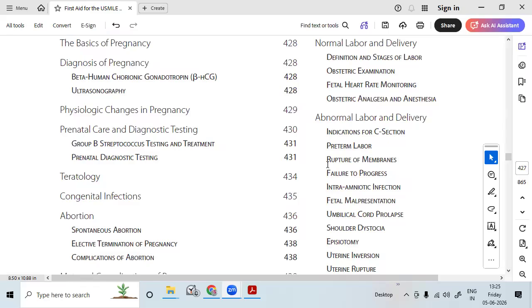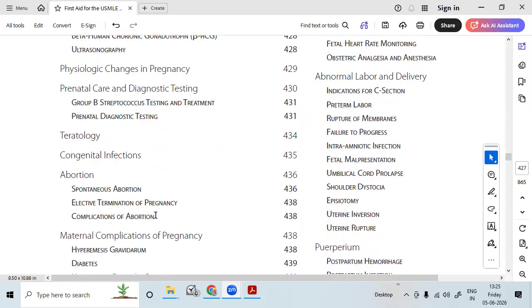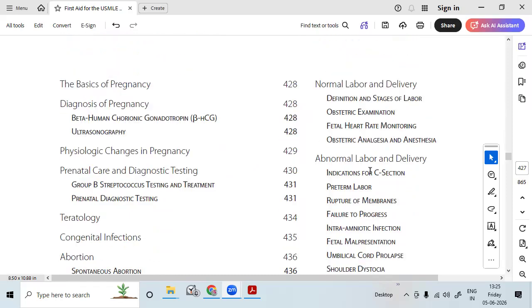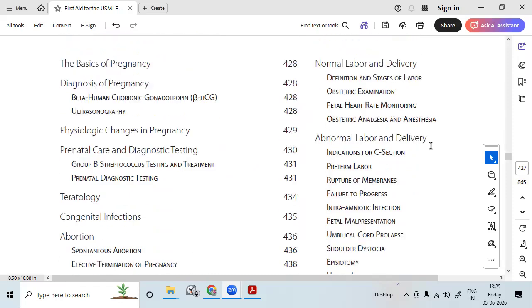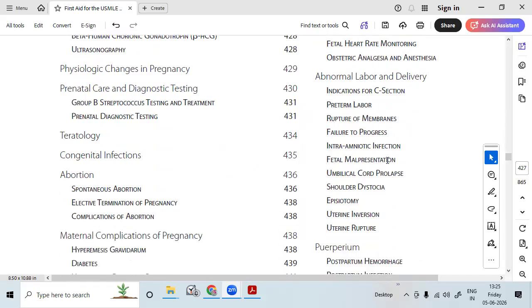Okay. For those who are new here, I have been reading First Aid for the USMLE Step 2, and I'm reading Obstetrics. We have completed all these topics, right from abortion up till normal delivery, abnormal labor and delivery. We have completed up till fetal malpresentation.